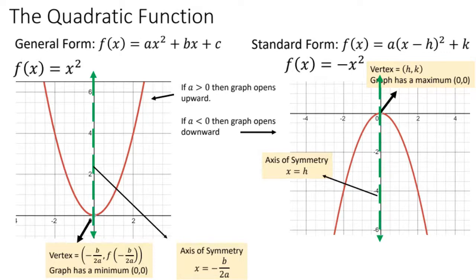We can find the equation of the axis of symmetry, and the best way to get this equation is going to be the x value of the vertex, which is given in the formula, right? The x value of the vertex is negative b over 2a. So if you're asked in your classes to find the equation of the axis of symmetry, it's very easy. It's the x value of the vertex of your parabola, okay?